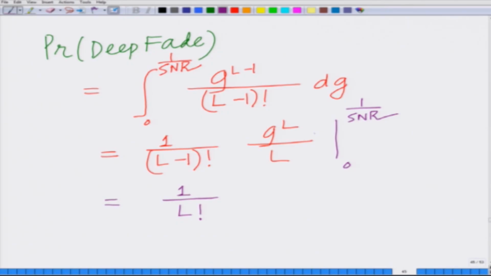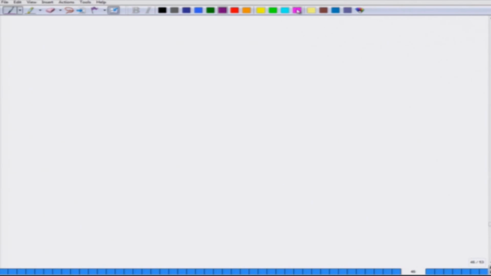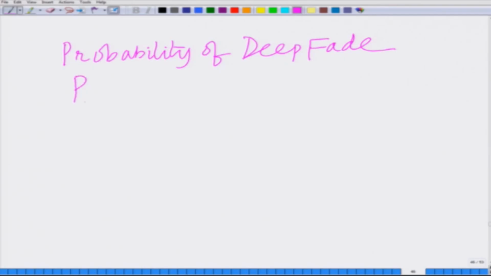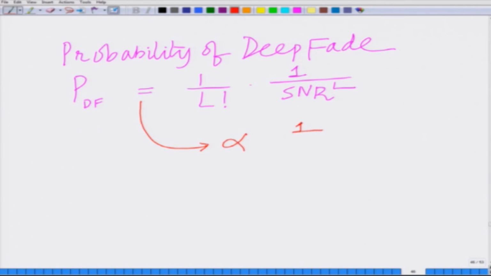G to the power of L evaluated between the limits 1 over SNR and 0 is simply 1 over SNR raised to the power of L. So, therefore, this is 1 over L factorial times 1 over SNR raised to the power of L. So, the probability of deep fade, which I can also denote by PDF, equals 1 over L factorial times 1 over SNR raised to the power of L, which you can see is proportional to 1 over SNR raised to the power of L.